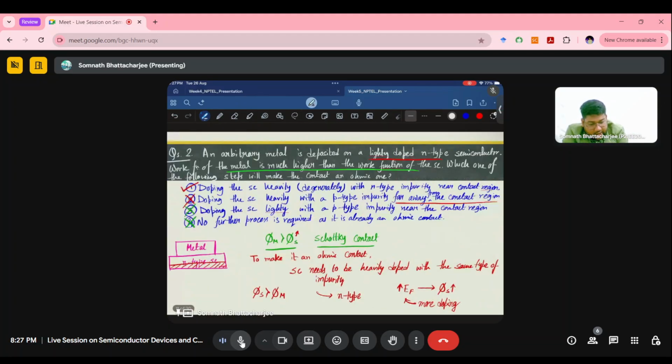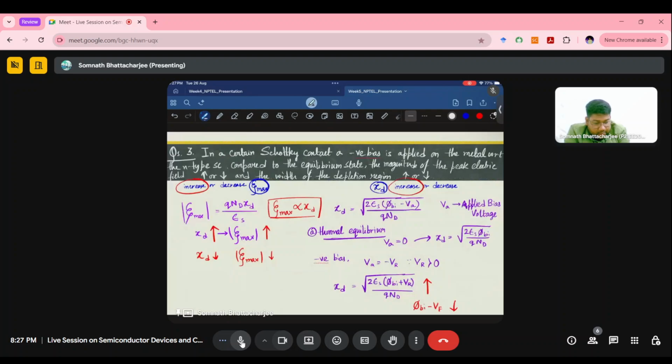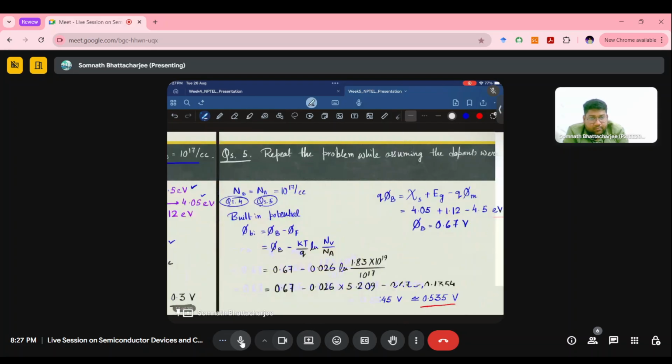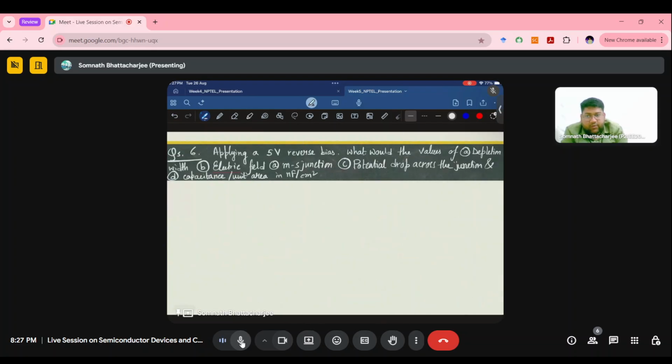We have already used these equations here. We already know the equation of depletion width, and we also know the peak electric field equation. Try to solve this, take 2 3 minutes. I guess it's the easiest one because you just have to put the right values here.